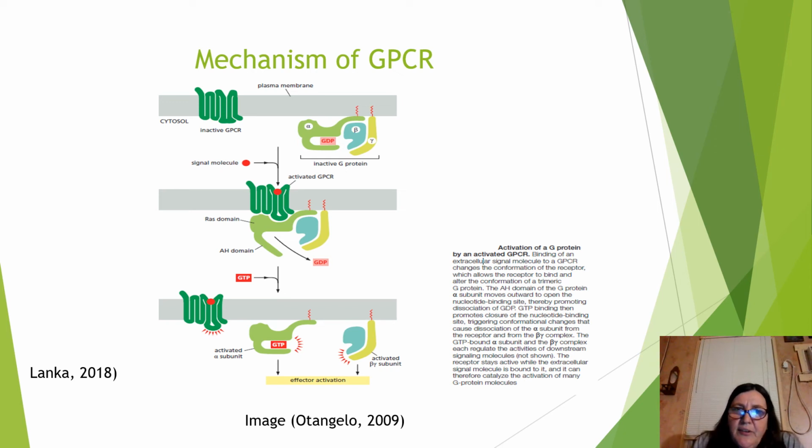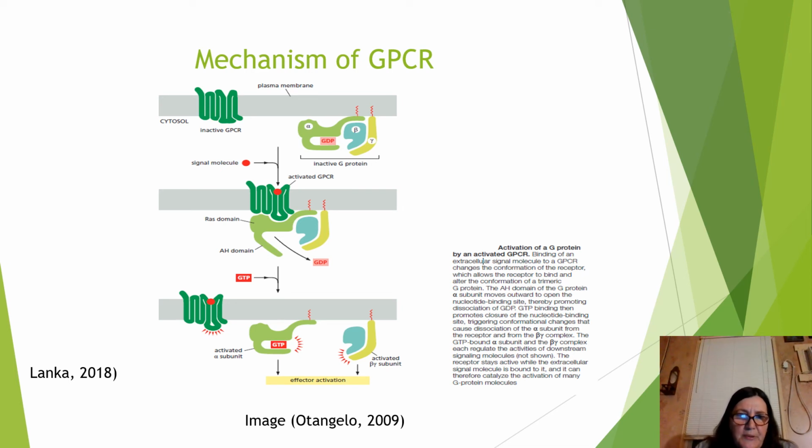The alpha subunit dissociates from the GPCR G protein complex and binds to an effector enzyme inside the cell, which activates the enzyme. Now, the activated enzyme will generate second messengers such as cAMP, cyclic AMP, and it will cause a downstream signaling cascade event.